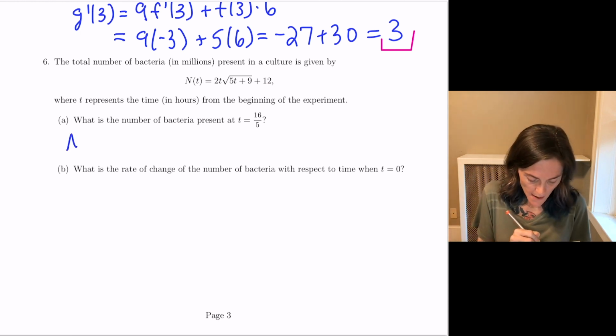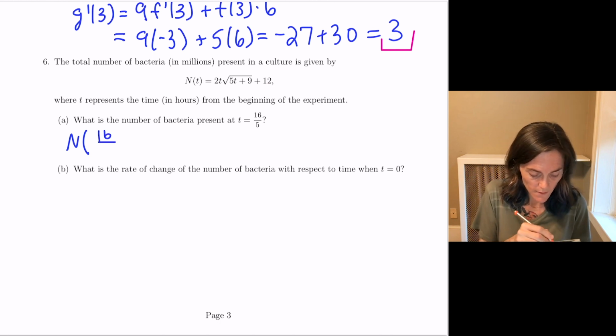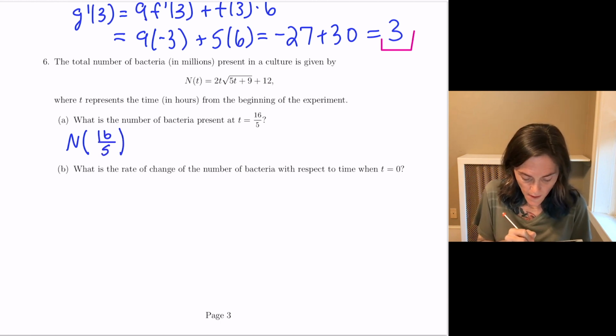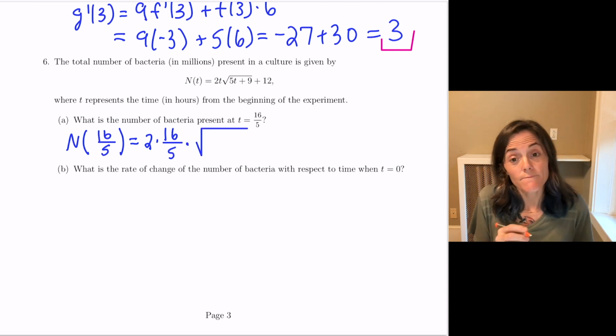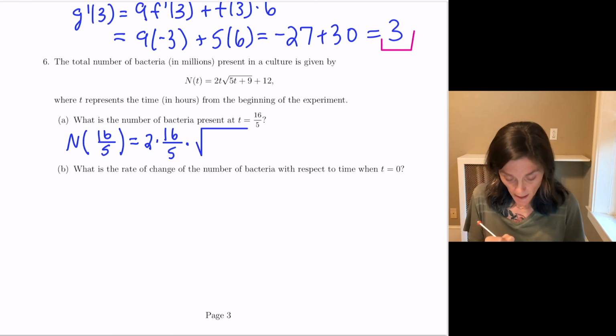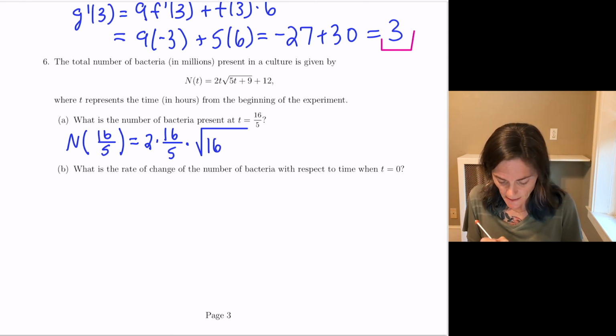Okay, so n of 16 over 5 is, well, we have 2 times 16 over 5 times the square root. Well, we have 5 times 16 over 5, which is 16, plus 9, and then add to this 12.